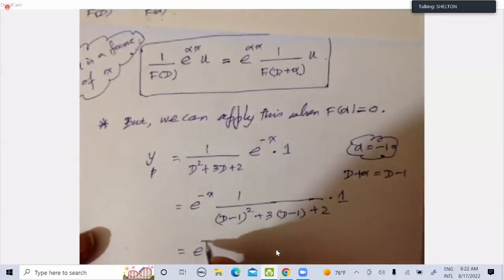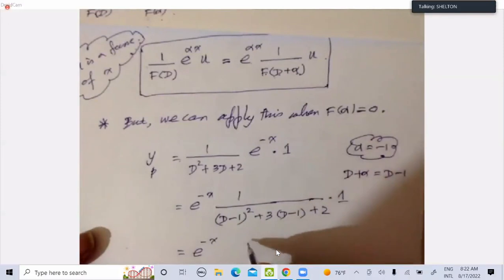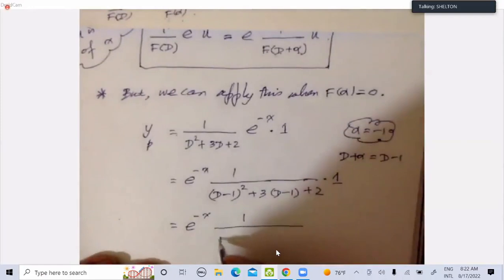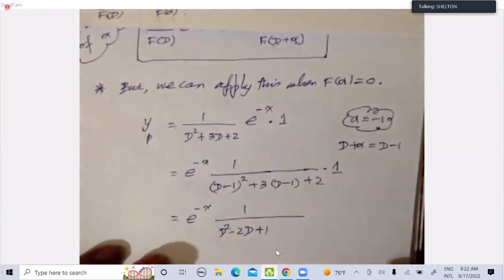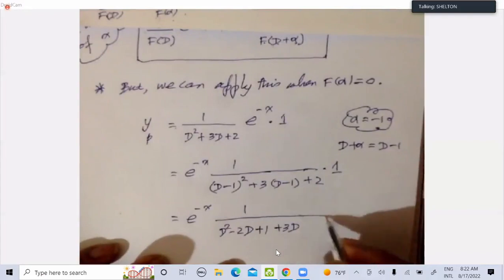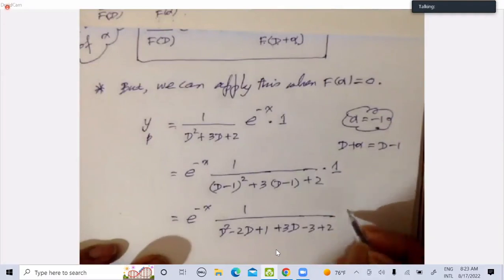e to the minus x, 1 over, squaring this: D squared minus 2D plus 1. Here we get plus 3D minus 3 plus 2, of 1.